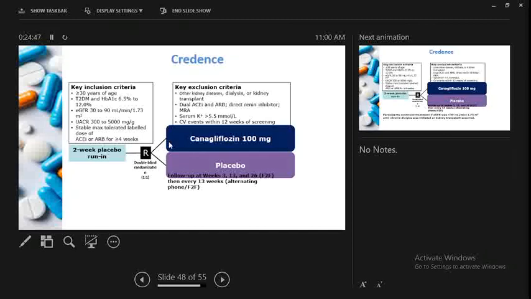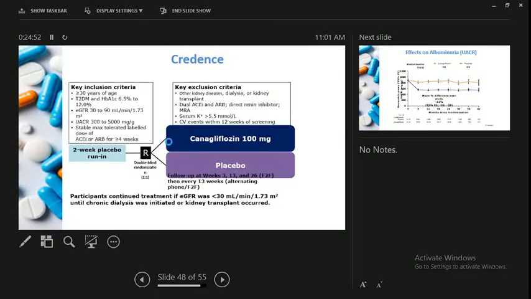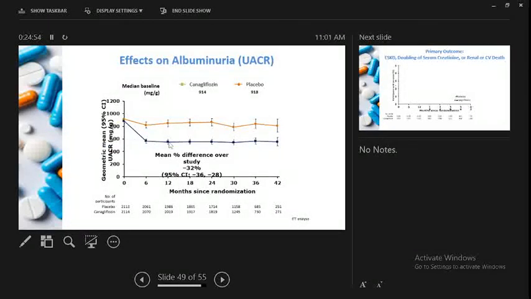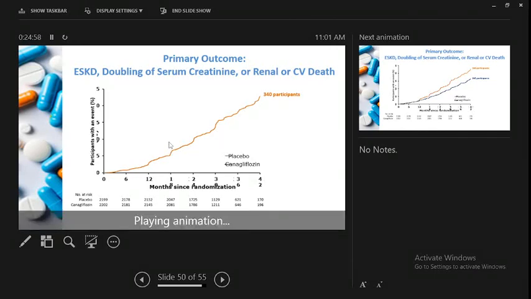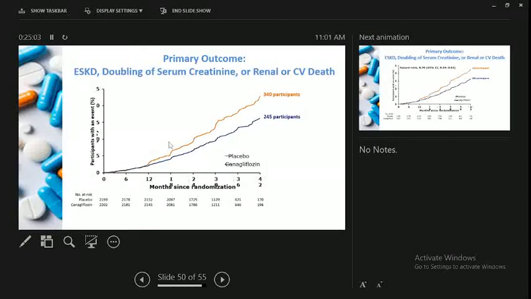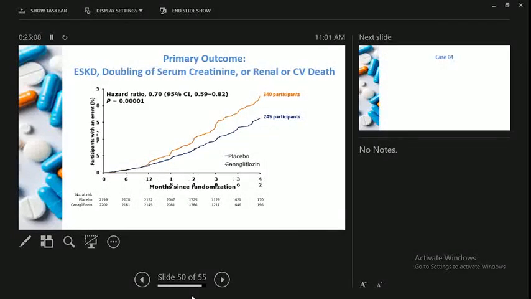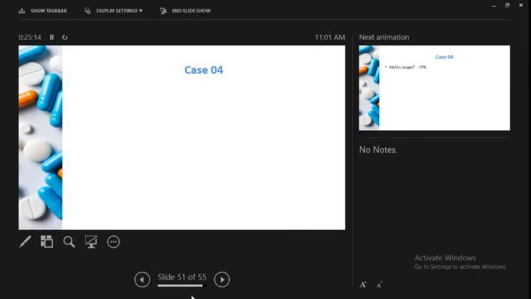One such study is CREDENCE, where they trialed canagliflozin against placebo, and it showed that it is a very good drug in reducing albuminuria and also reducing the time to renal failure and renal and cardiovascular death. There is ample evidence that SGLT2 inhibitors and GLP-1 receptor agonists prevent the progression of CKD, so if necessary, that is a good choice.